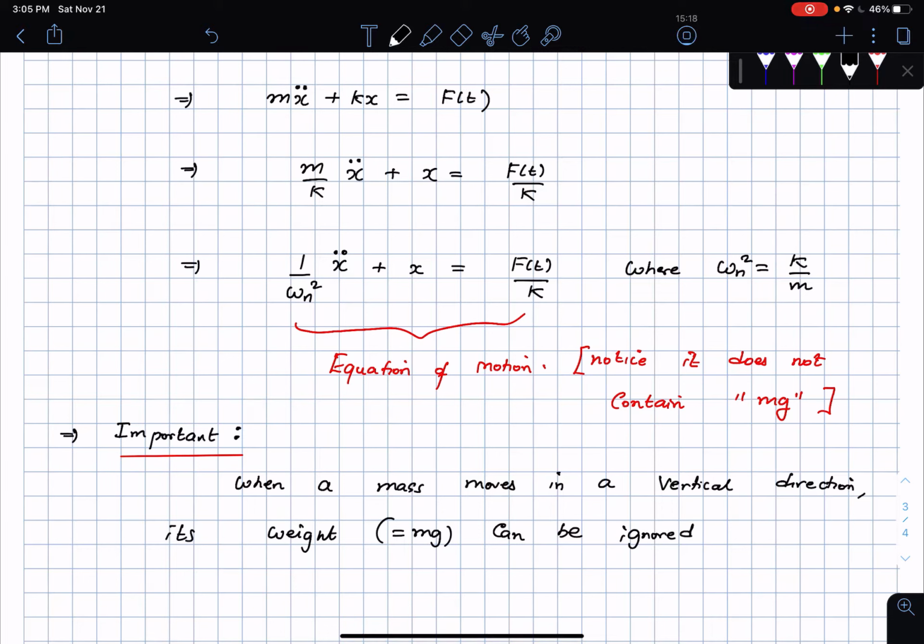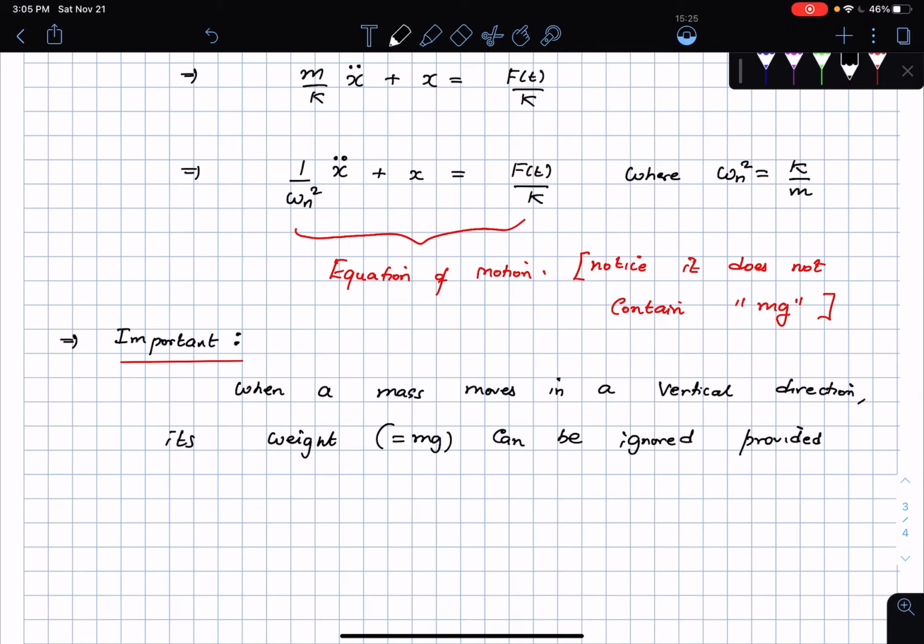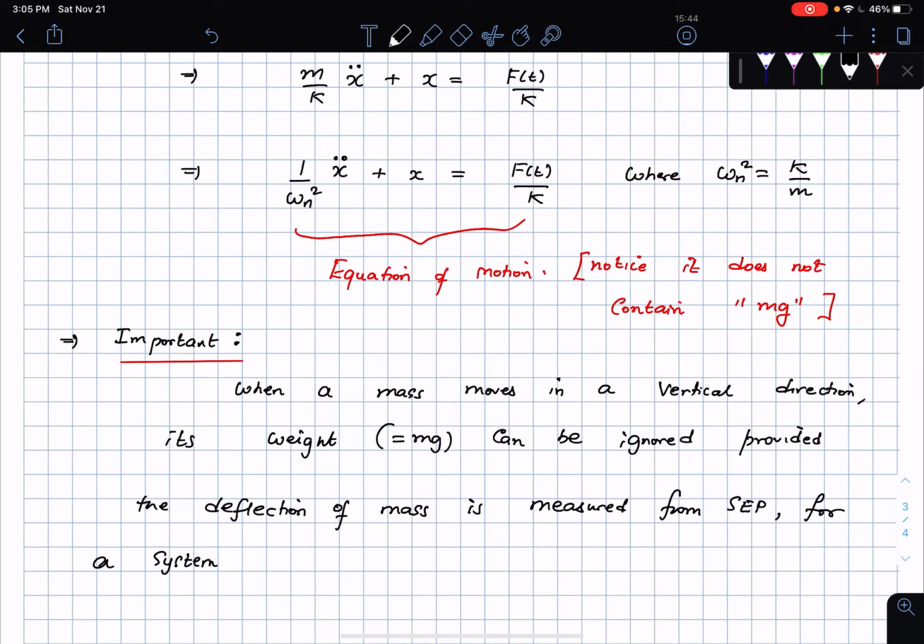provided the deflection of the mass is measured from the SEP for a system containing elastic springs.